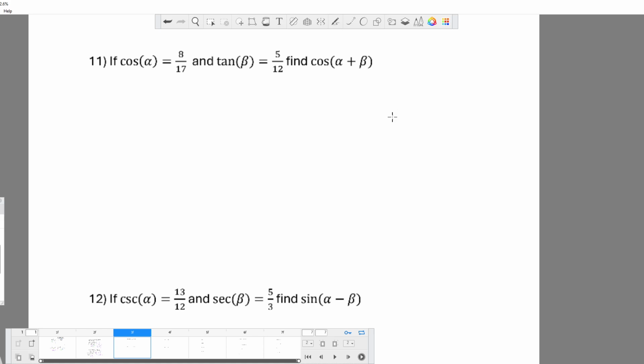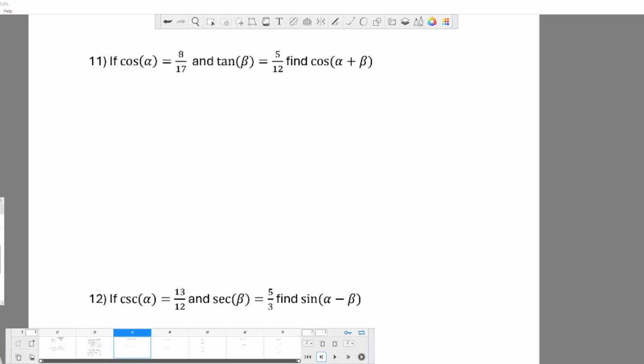So this one actually is a little bit easier, because it gives us tangent, so it's basically kind of the same process. We use our formula to write out what we need.